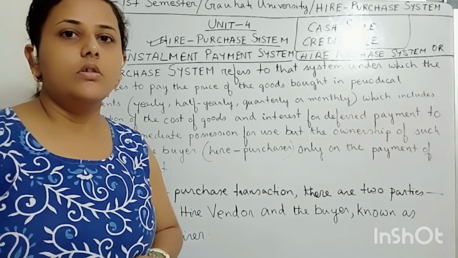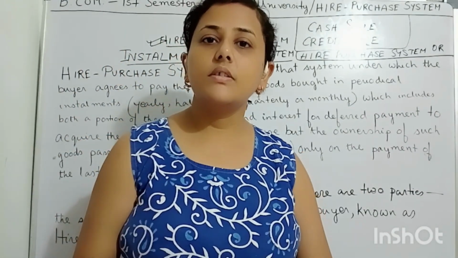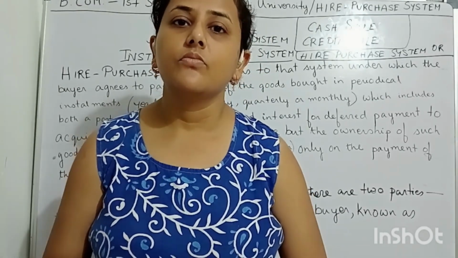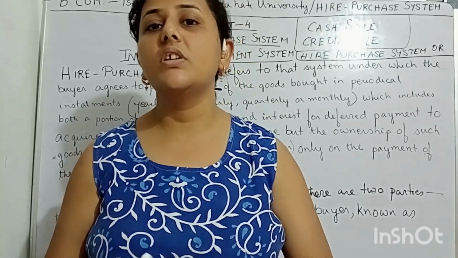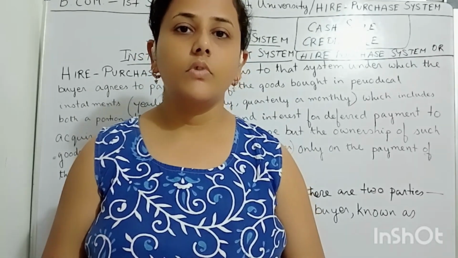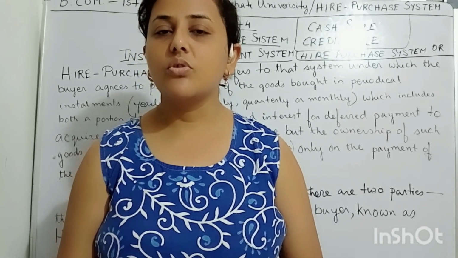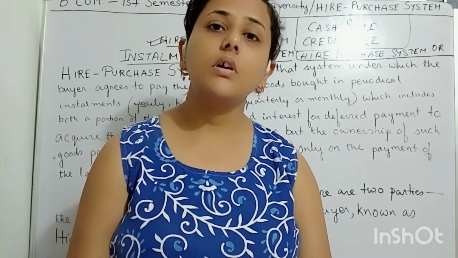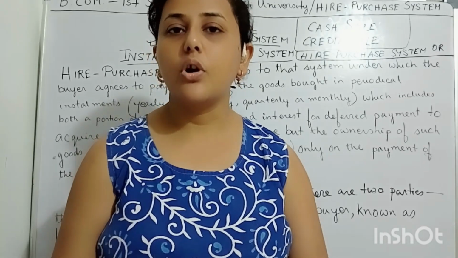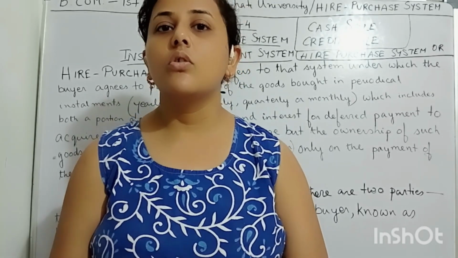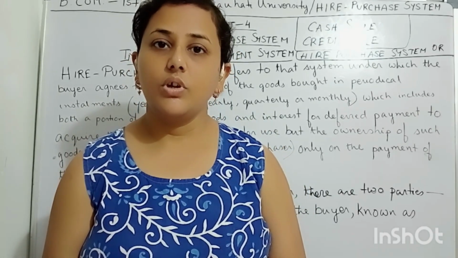Now what do you mean by hire purchase, or what is done in hire purchase system? Goods are sold, and payment is received in installments. In case of hire purchase system, when a person goes to a shop to purchase a washing machine at a cost, he will make a down payment.